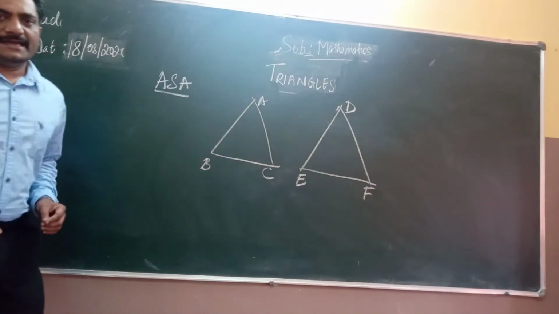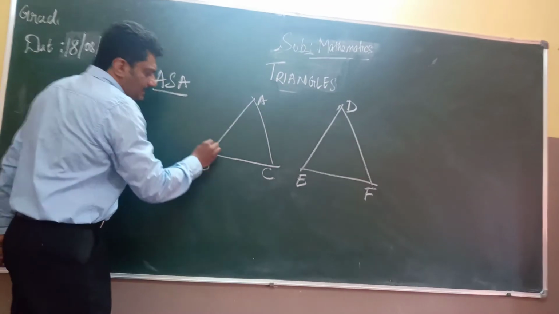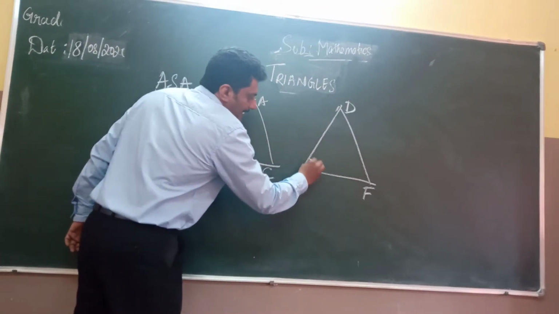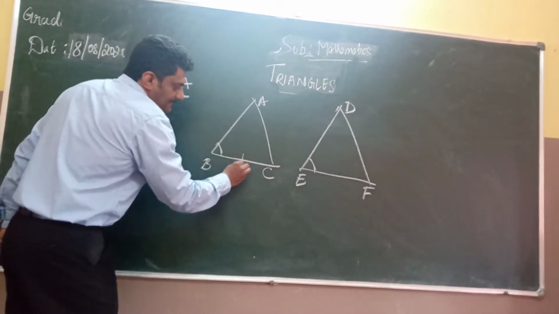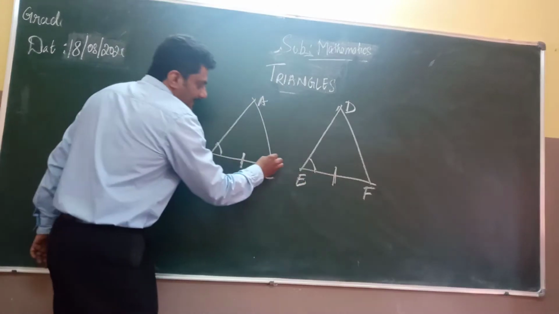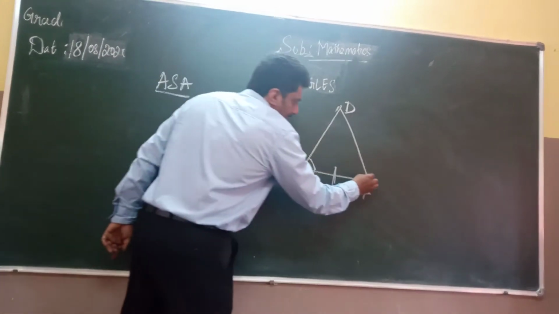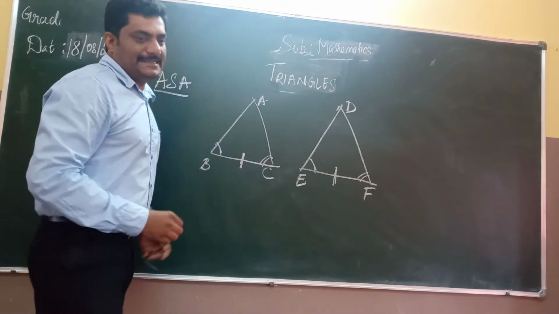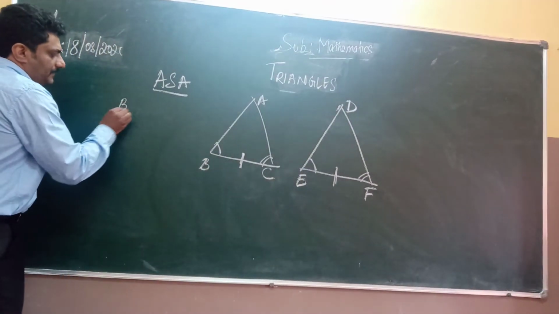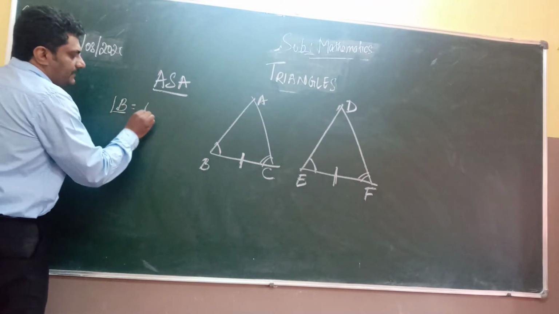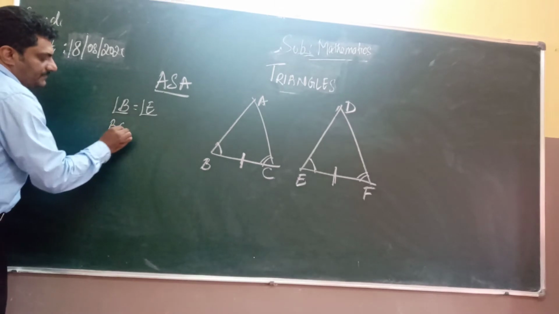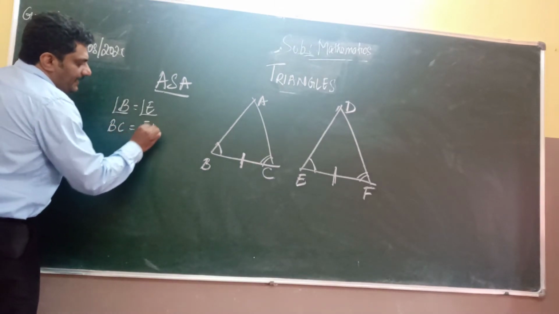Now in these two triangles, if I tell one angle, which is angle B, is equal to angle E, and this side is equal to this side, and this angle is equal to angle F. That means angle B should be equal to angle E. Side BC should be equal to side EF.